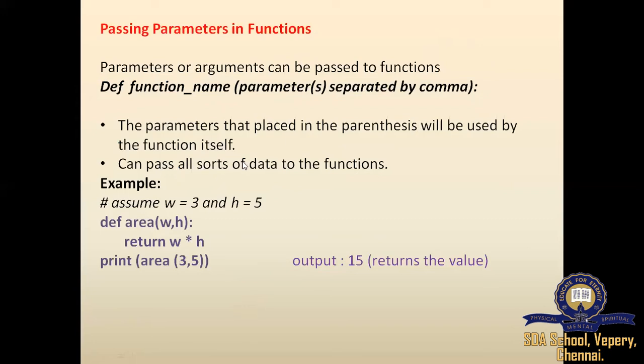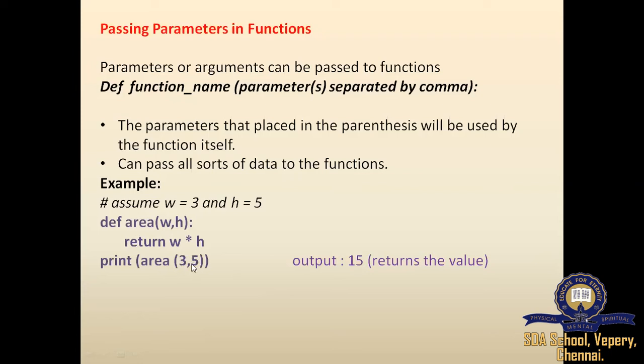We can pass all sorts of data to a function. Here we have a small example. The function name is area. W and H are called parameters. For these two parameters, I pass the values 3 and 5.